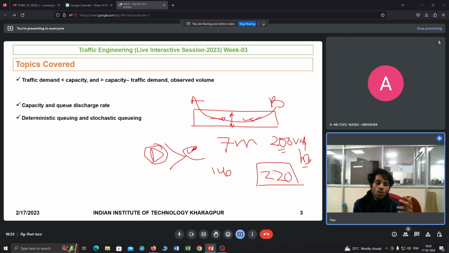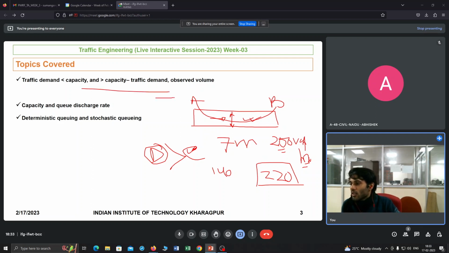Suppose you observe 200 vehicles at a particular stretch of road, so that is okay, but you cannot say that this is your actual demand, right? Because your capacity is 200 and the vehicles flowing are 200 only. So there could be those scenarios as well, right? Because of the queuing, people may avoid those time periods as well as those routes.